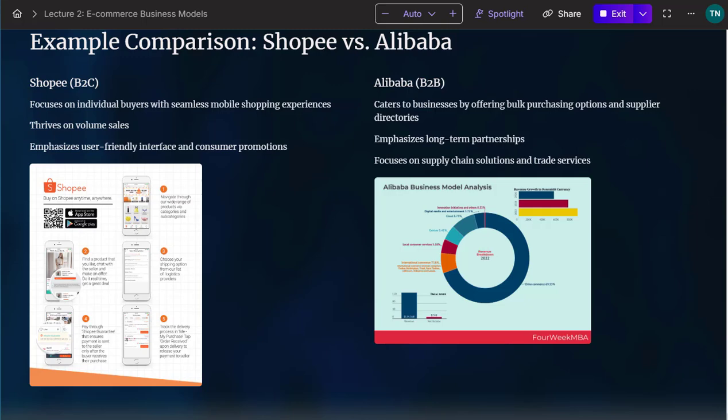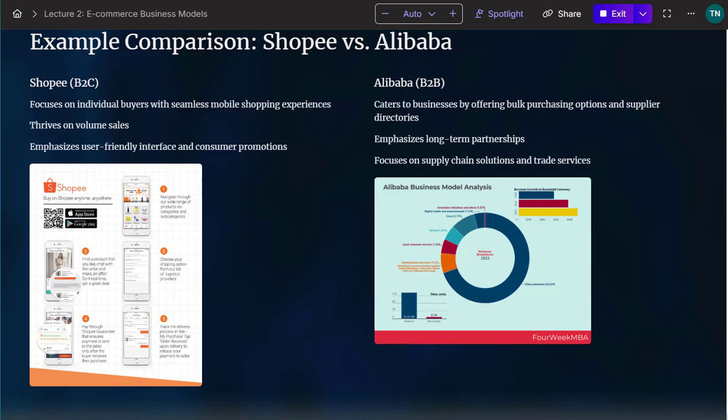Now we look at one example of comparison. We will compare Shopee versus Alibaba. Shopee is a B2C e-commerce platform that focuses on providing seamless mobile shopping experiences for individual customers. It thrives on high volume sales and emphasizes user-friendly interfaces and consumer-focused promotion.